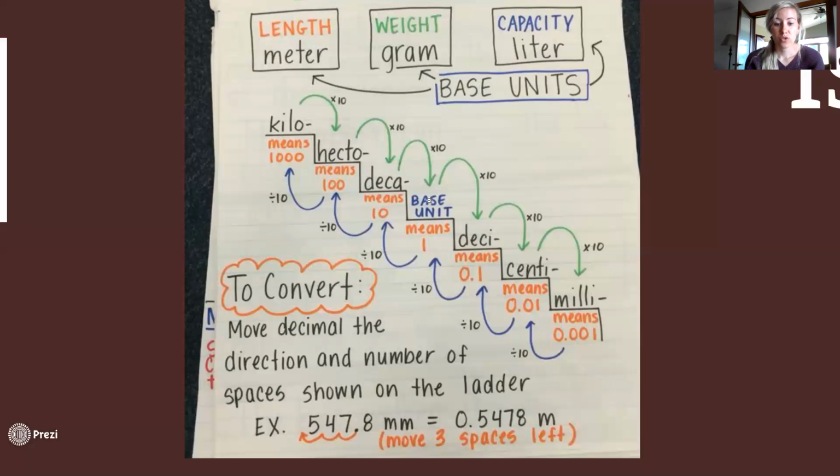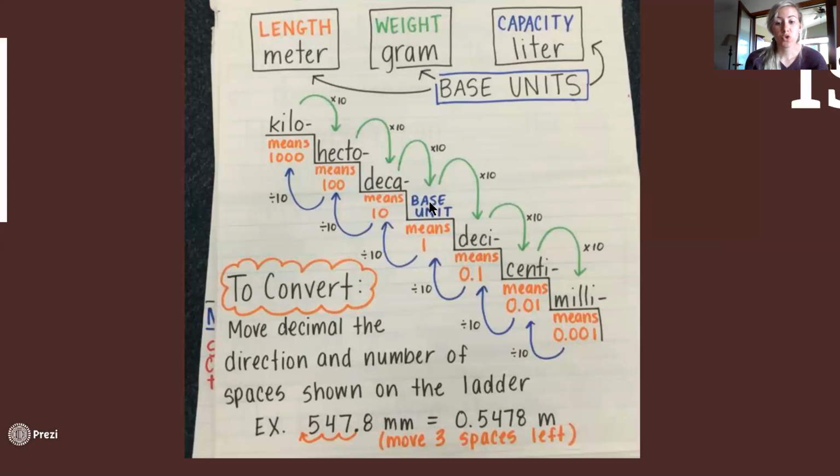Now, to convert 1 meter to a decimeter, you are going to move the decimal to the right 1 time. So if I have 1 meter and I move the decimal to the right 1 time, or I will be multiplying by 10, I will have 10 decimeters.